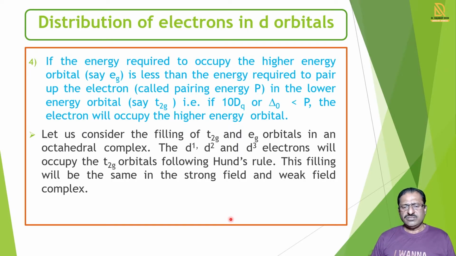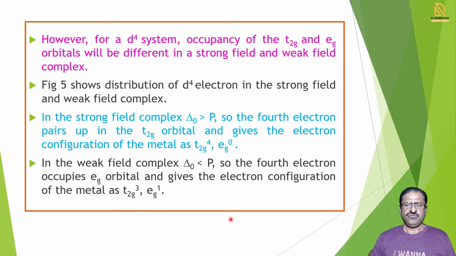In the d2 case, both electrons are filled in the T2g orbital. In the d3 case, the first, second and third electrons are filled singly in the T2g orbitals. This type of filling is carried out according to the rules.